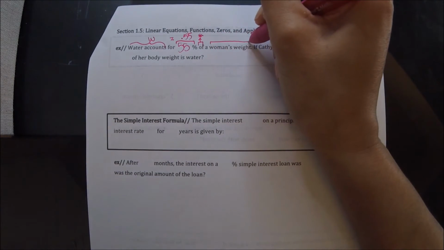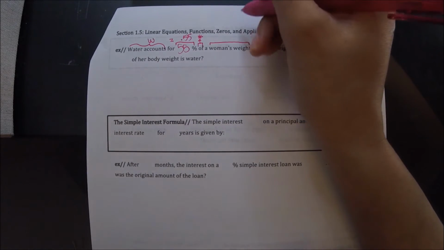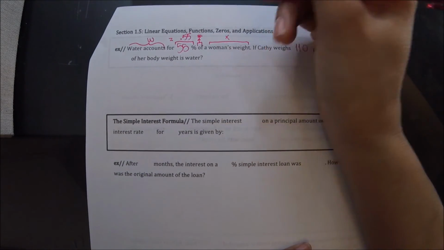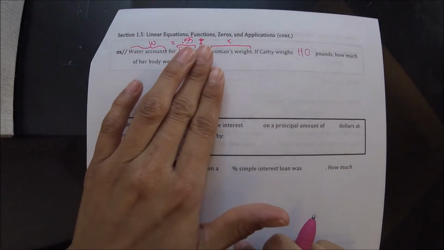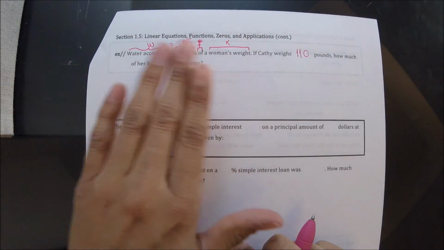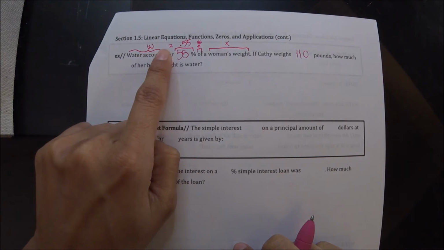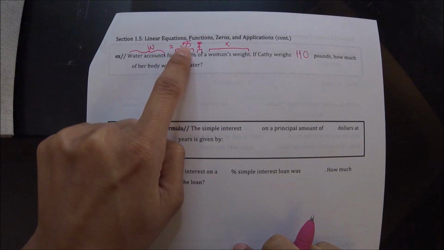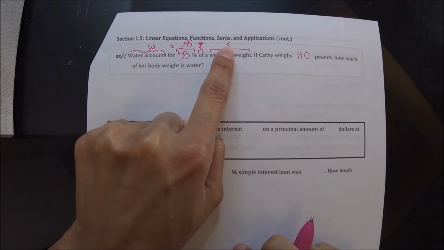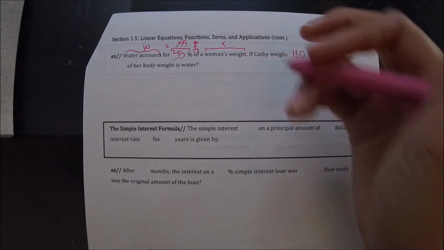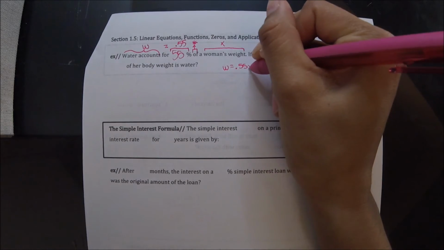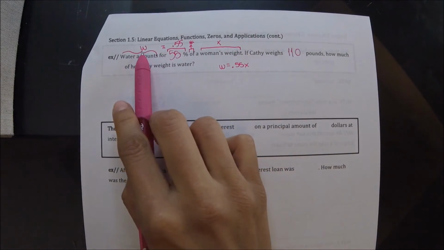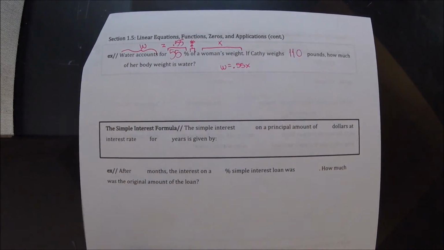And then here, the woman's weight, let's just call that X. So we came up with an equation just by going along word by word in the sentence. Water is 0.55 times the weight. So let's write that down, that W equals 0.55x, and then W means the water, and X means the woman's weight.